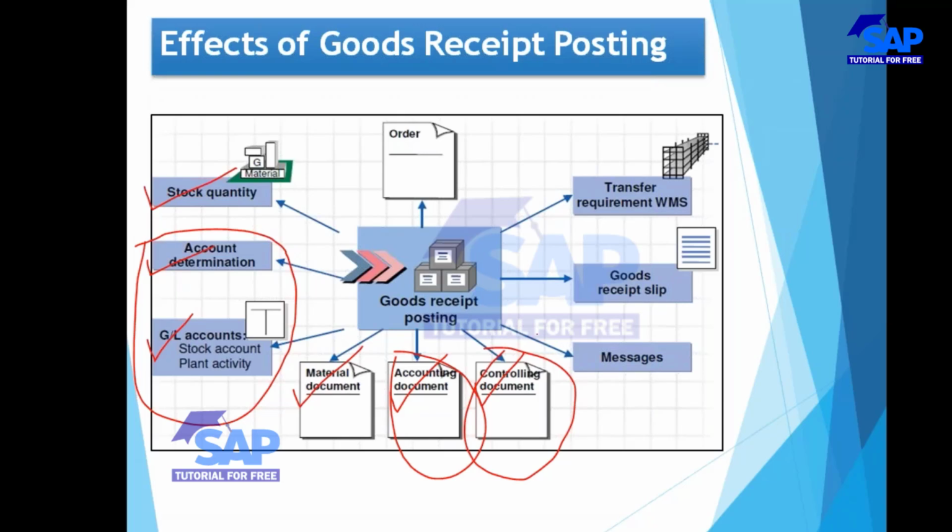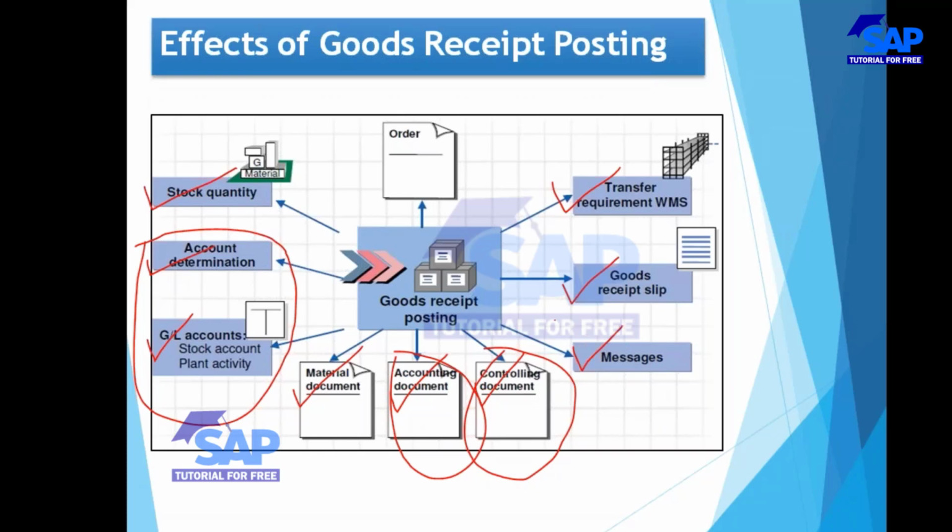If WM is implemented, your transfer requirement will get generated. Then they will create the transfer order and accordingly bring the stock. After that, you can print the goods receipt slip if you have the printing option.